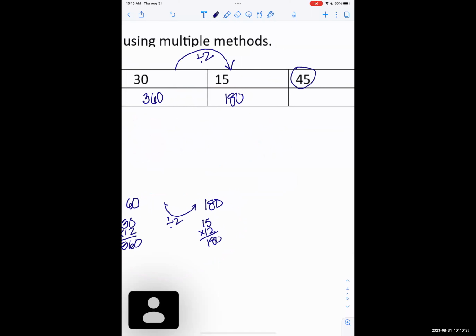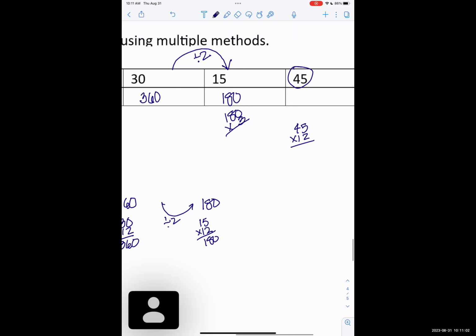So any thoughts for 45? I could take 45 times 12. Or I could take this answer and multiply by 3.